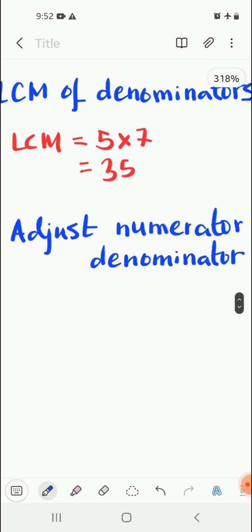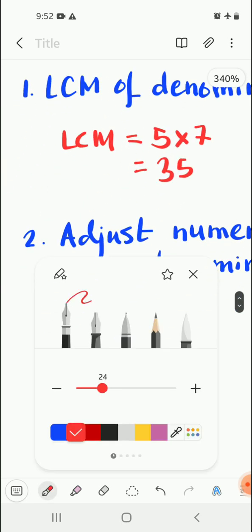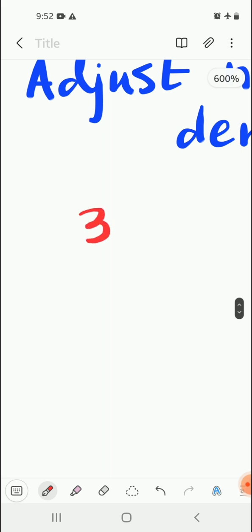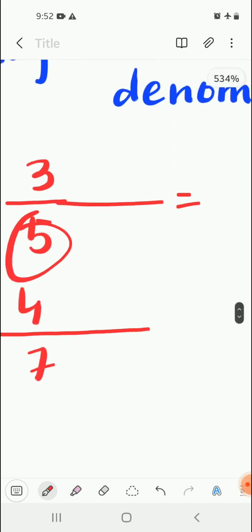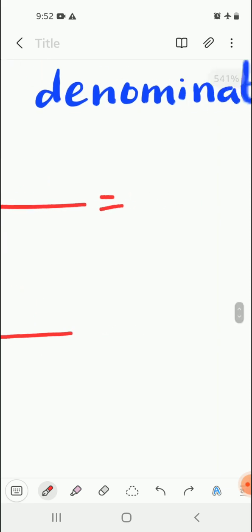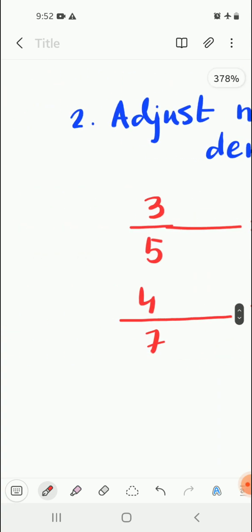The LCM of 5 and 7 is 35. So we are going to change the denominator of both the fractions into 35, which is the LCM of 5 and 7.